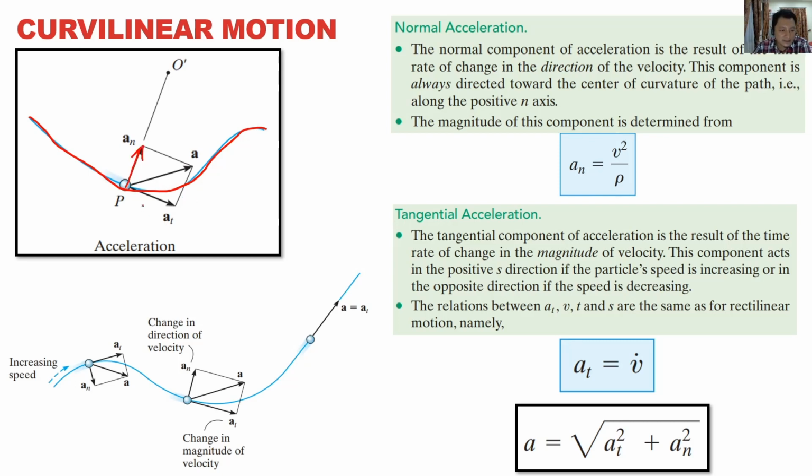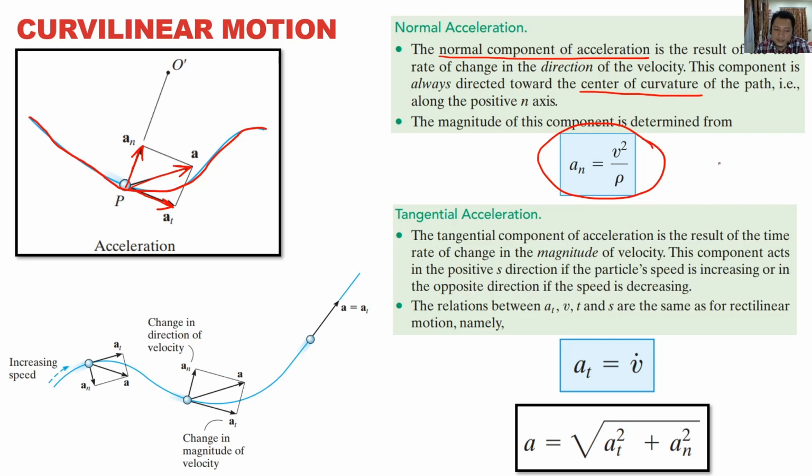A normal, this is your A tangential, and then you're going to get A magnitude. So A normal is the normal component of the acceleration. This is always directed towards the center of the curvature. So this is the formula for A normal.